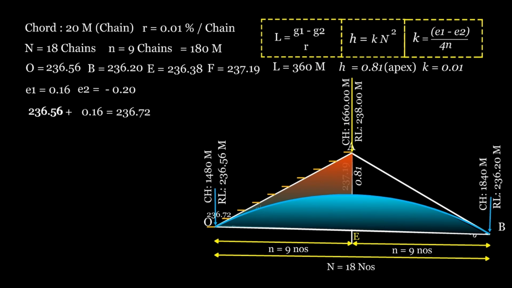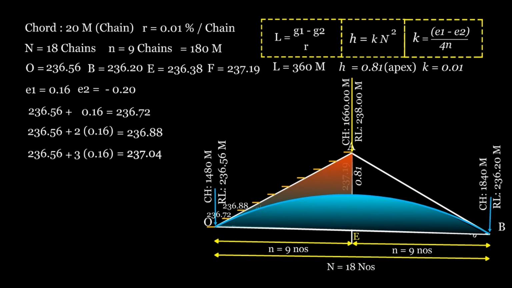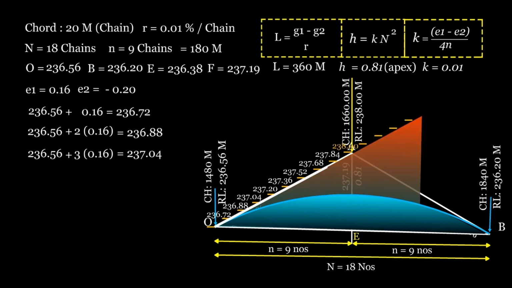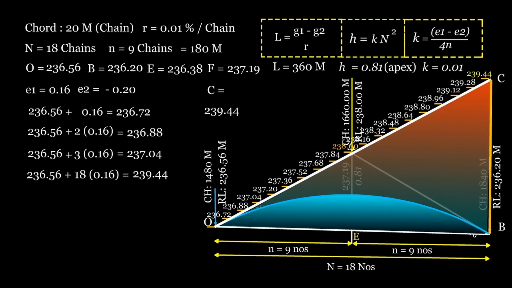RL equals 236.56 plus 2 times 0.16, which equals 236.88 meters. Tangent elevation for the third peg. RL equals 236.56 plus 3 times 0.16, which equals 237.04 meters. Repeat the same process for all pegs until the 18th peg, that is point C.